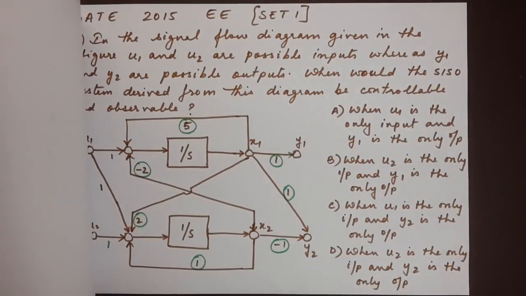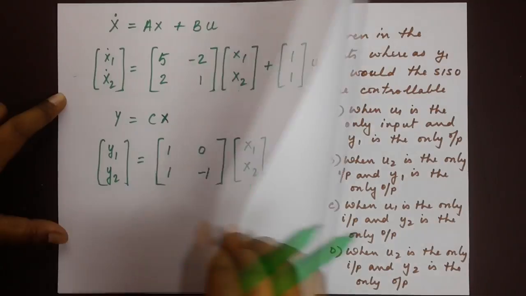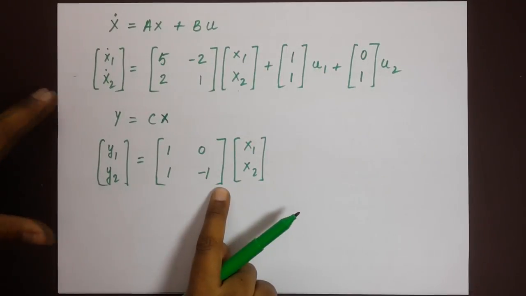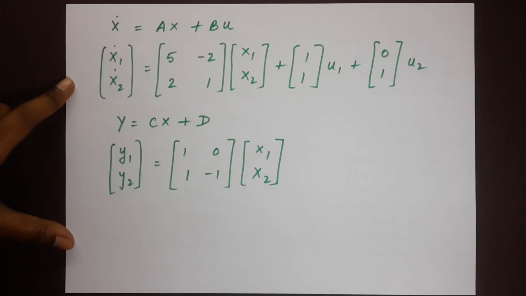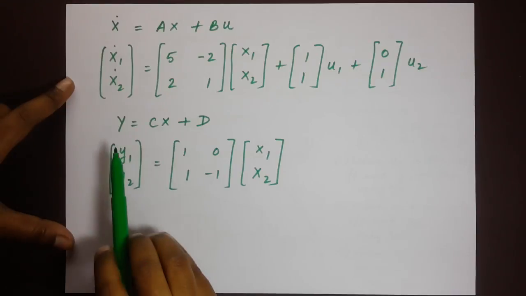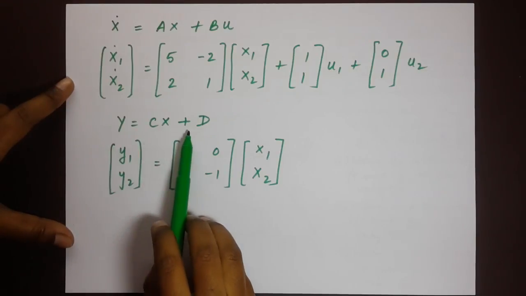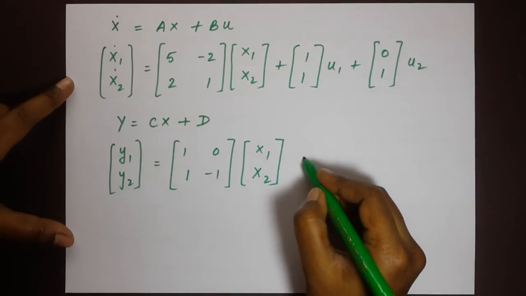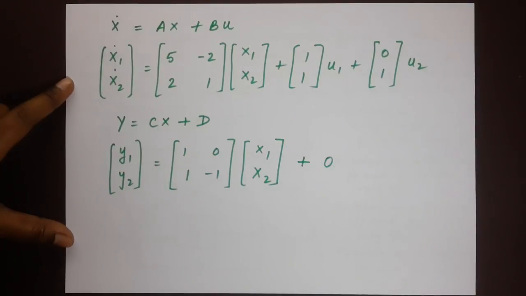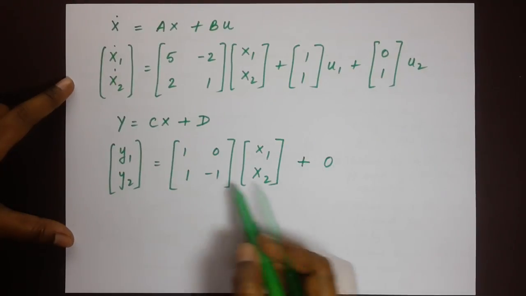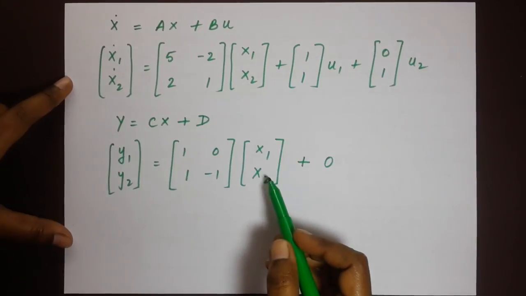Okay, 1, 0, 1, -1. I hope that is clear. So we have our output equation here, y is equal to Cx plus some D. Here let's just put that as 0. That's alright. So this is our most important part, Cx.